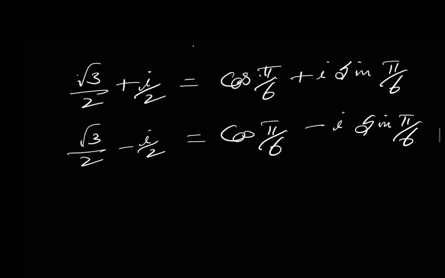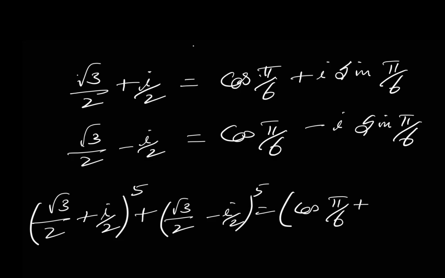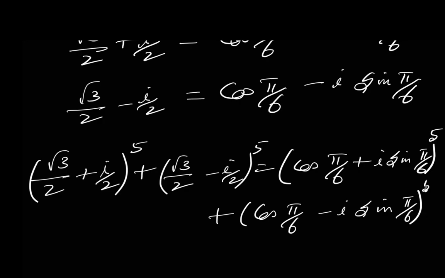Now come to the problem. (Root 3 by 2 plus i by 2) the whole power 5 plus (root 3 by 2 minus i by 2) the whole power 5 is equal to (cos pi by 6 plus i sin pi by 6) the whole power 5 plus (cos pi by 6 minus i sin pi by 6) the whole power 5.